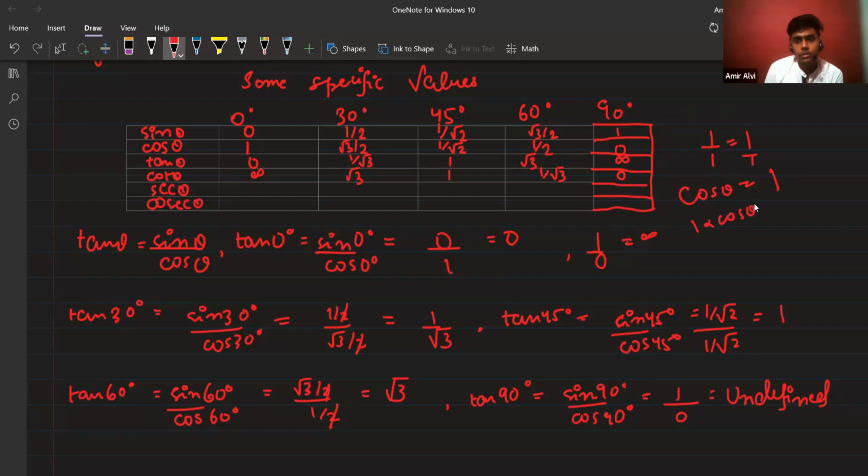Then sec 0 is equal to 1. Yes, it's 1. If the numerator has 0 and we take it to the denominator, then it will become undefined.